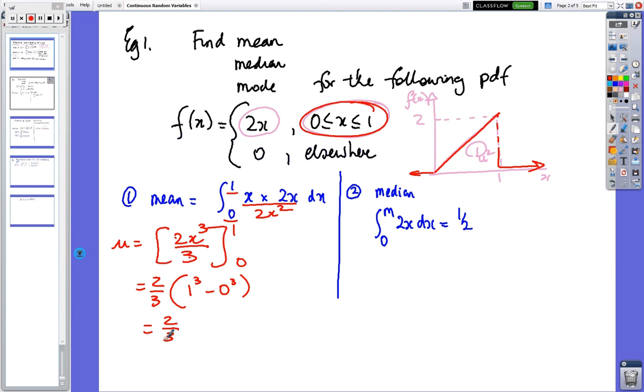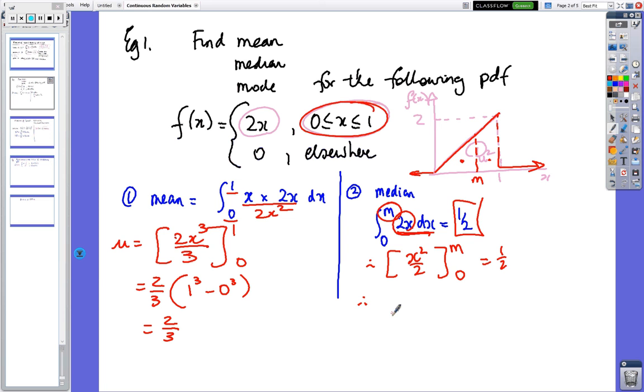To find the median, we're looking for the area under 2x to be a half. We're trying to find the number where that's a half and that's a half. So first thing we do is integrate. The integral of 2x is x squared on 2 between some number m and 0, and that equals a half.